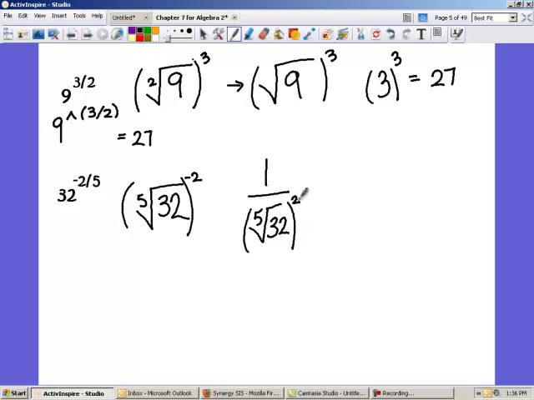And now that 2 becomes positive. Now, if I said to write it as radical form, I would say just leave it like this. If we went further, typing in your calculator, what is the 5th root of 32? And when you start doing these, you're going to realize you're going to memorize them. The 5th root of 32 is actually 2. And now we square it, so this is 1/4.